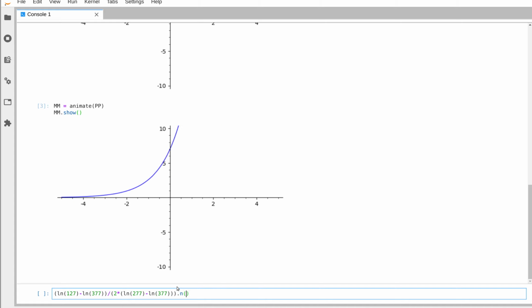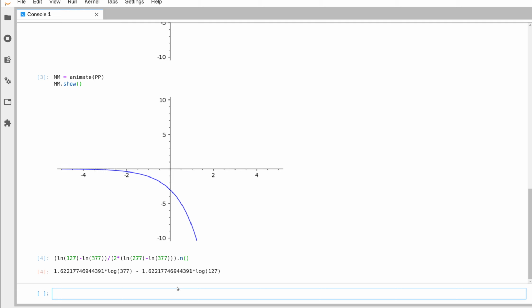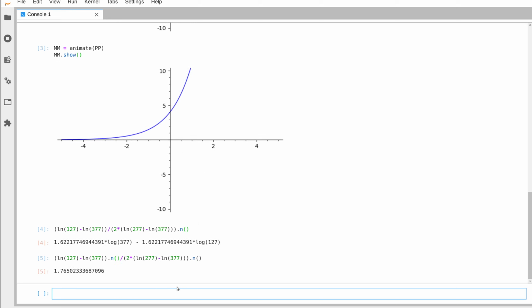And then we want this to be a decimal. There we go. So 1.765.